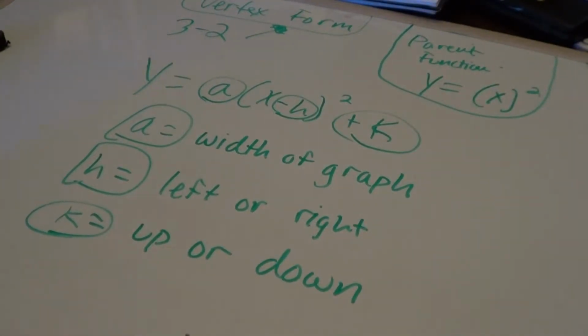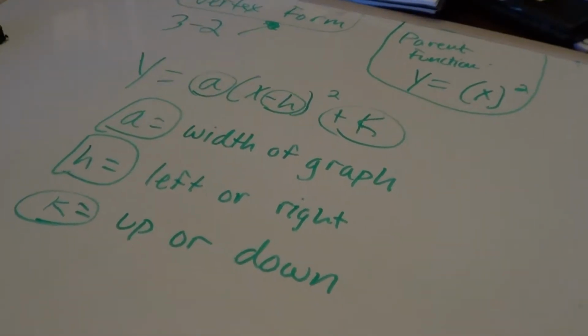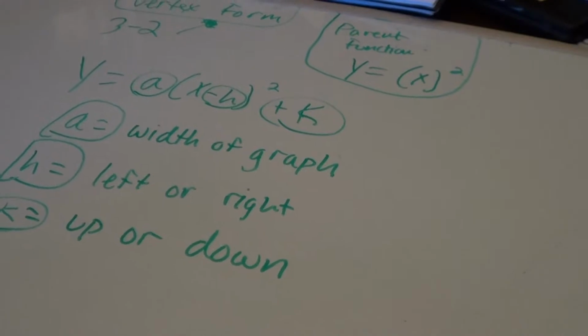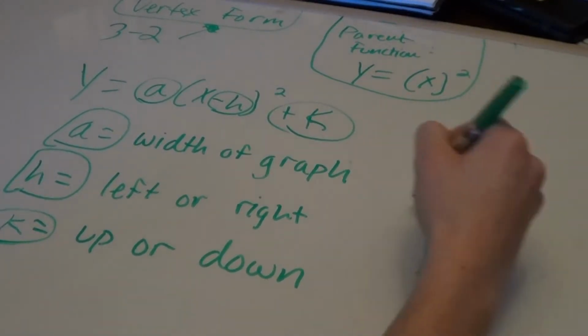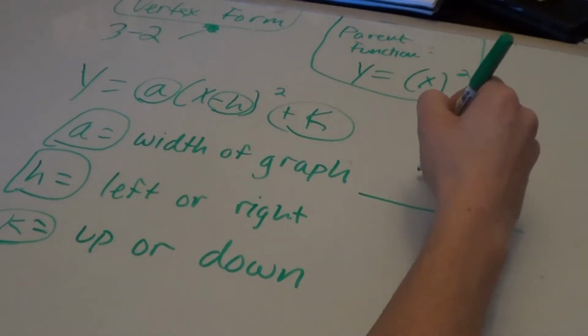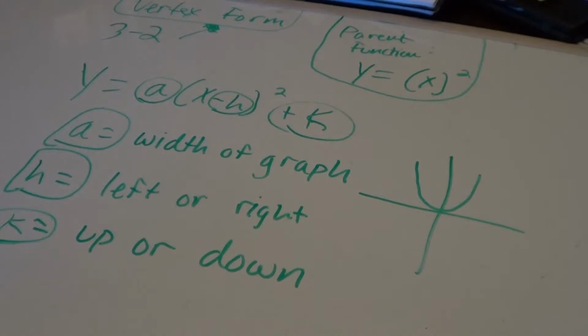Now the h controls left or right. Let me move this to the side a little bit. If we have a graph right here, and let's just say this is the parent function, the h controls whether it's left or right. The thing about the h is it's a little tricky.